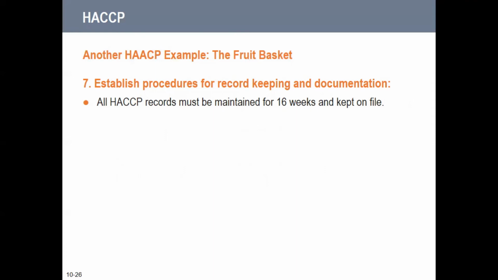All HACCP records must be maintained for 16 weeks and kept on file. Now, how they're kept is going to be up to the individual establishments. A lot of places are still doing pen and paper and logbooks and stuff, but you also have digital options. Here in our program, each of our kitchens and our prep kitchen has an iPad.